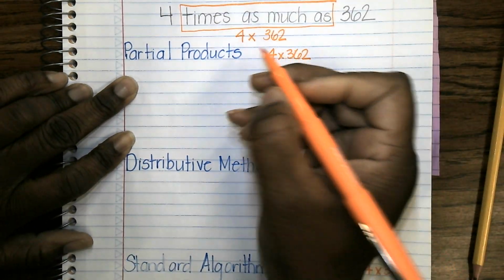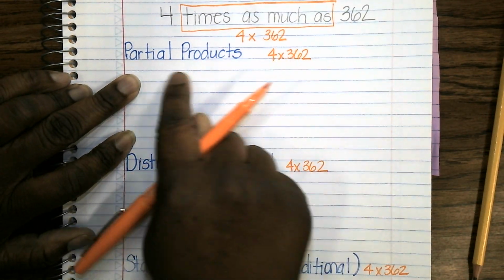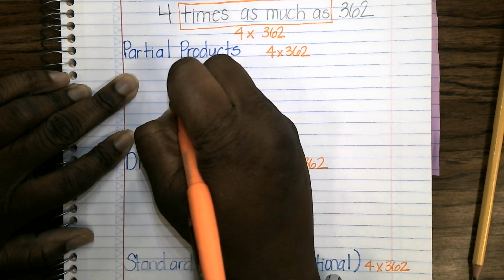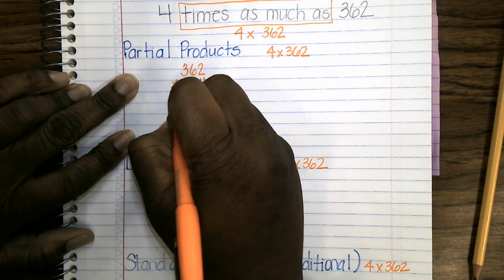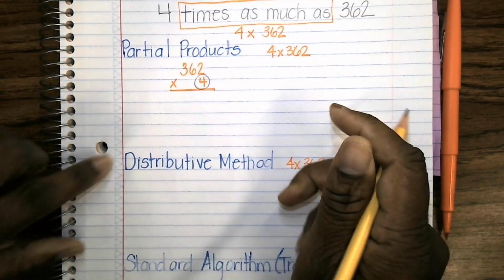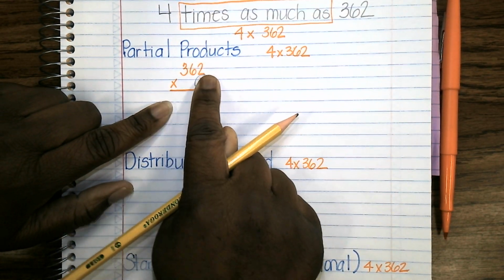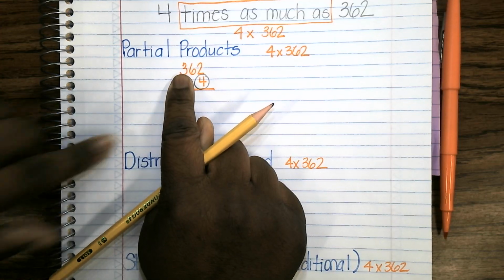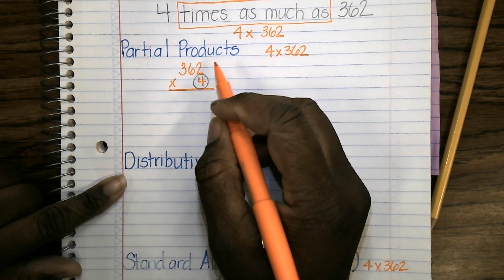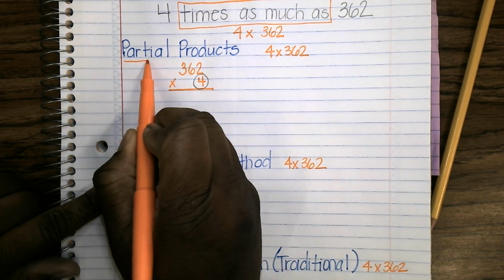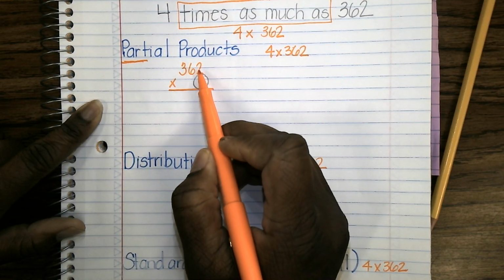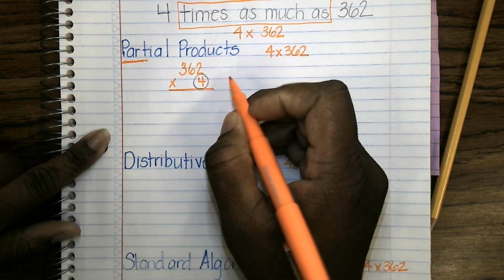So you can set it up vertically, 362 times 4, so it looks like you're about to start the traditional way. But our multiplier, the 4, is going to be multiplied times each digit in the top part of the problem, doing small parts at a time.